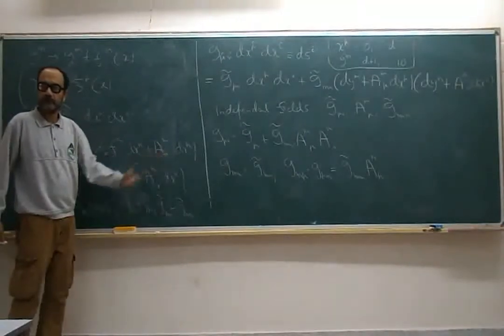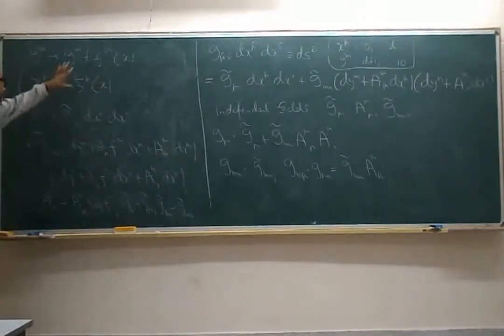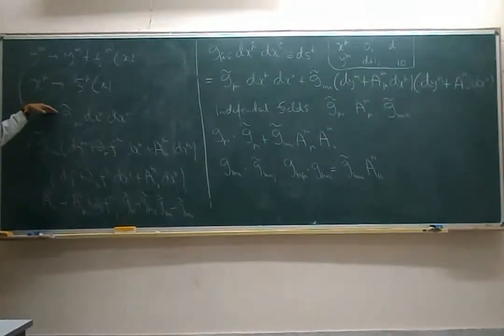So why is there no effect of this xi? No, I am not only considering this one. I will take two transformations independently. These are independent transformations. So first I am studying the effect of this, then I will study the effect of the other. Is this clear?